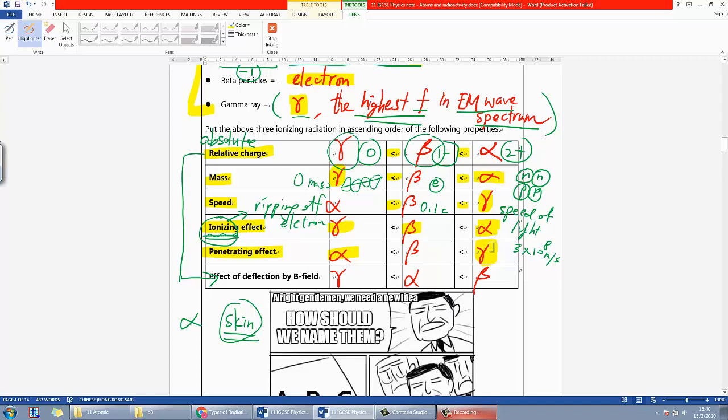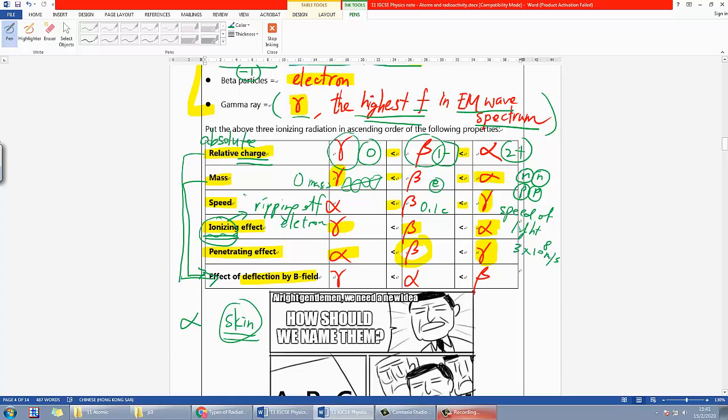It can run for long, but the energy is gradually given out at a very slow rate compared to alpha. So beta is in the middle. Lastly, when we talk about the effects of deflection by the B field, you have to consider its charge and, at the same time, the mass as well.